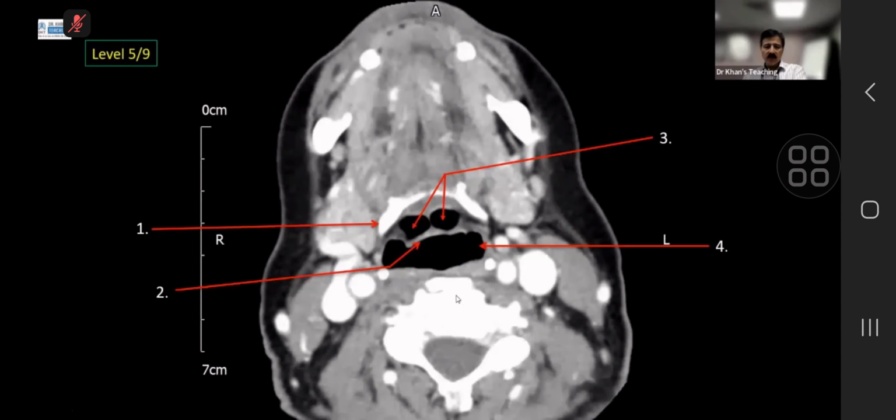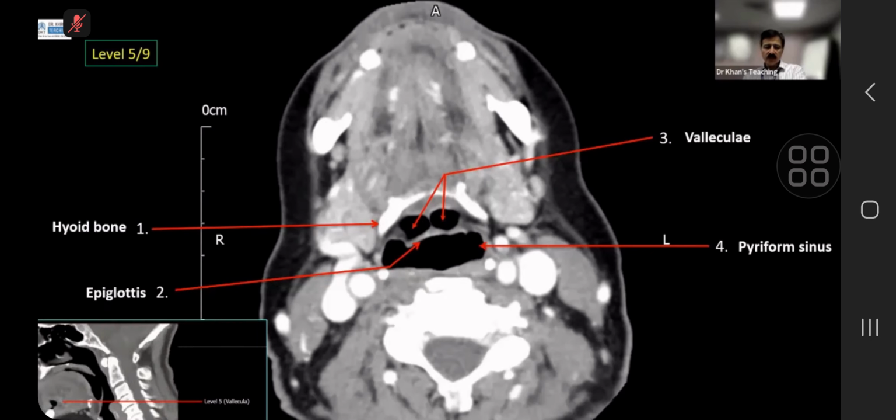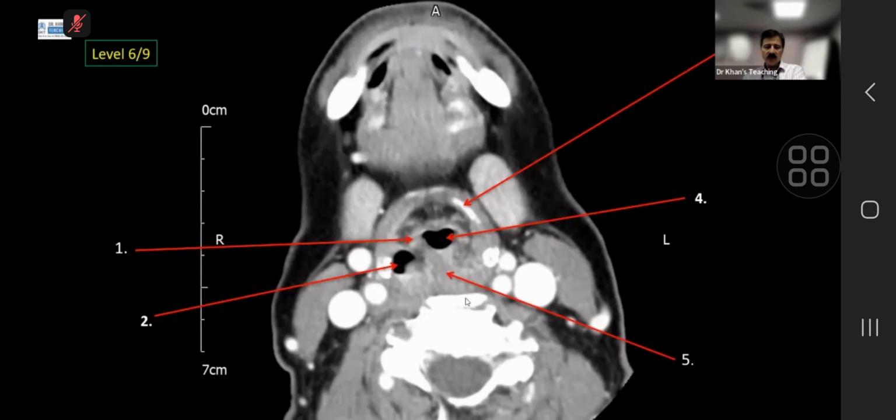Next level. What is number 1? Hyoid. And what are these? What is number 2? And number 3? And number 4? Yeah, correct answers. Hyoid bone, epiglottis, valleculae, and just coming into view, the piriform sinus. What is number one? This thing.